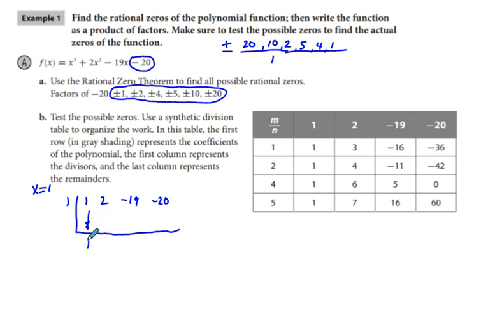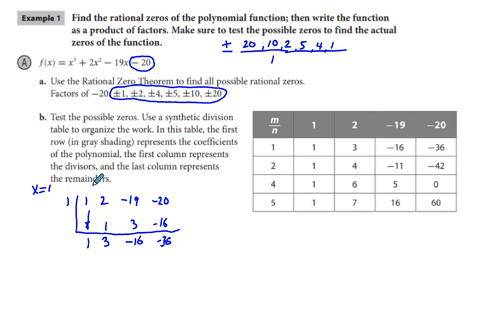So we get 1 here. 1 times 1 is 1. 2 plus 1 is 3. 1 times 3 is 3. And then negative 19 plus 3 is negative 16. And then we have 1 times negative 16 is negative 16, excuse me. And we get negative 36 down here. So we do not have a remainder of 0.